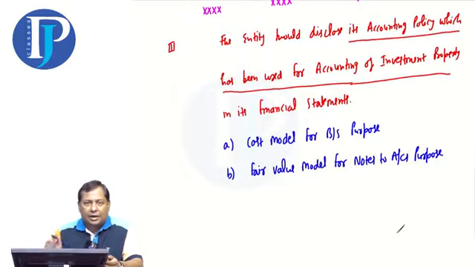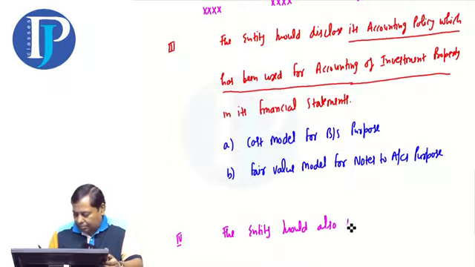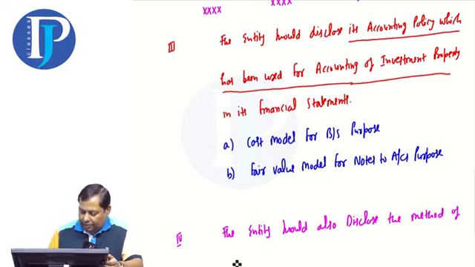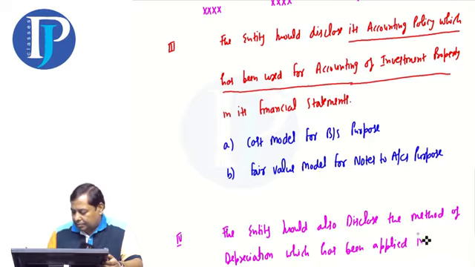Write this down. We did it casually. The entity should also disclose the method of depreciation which has been applied in financial statements.